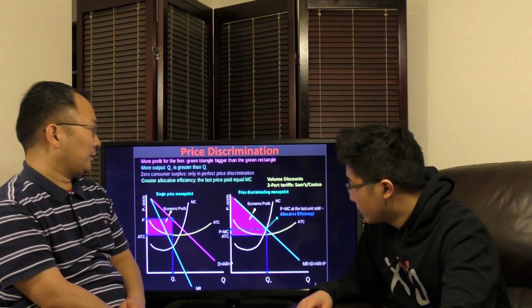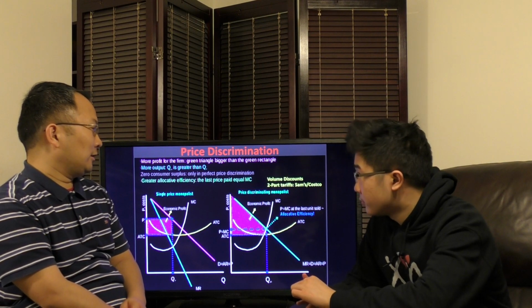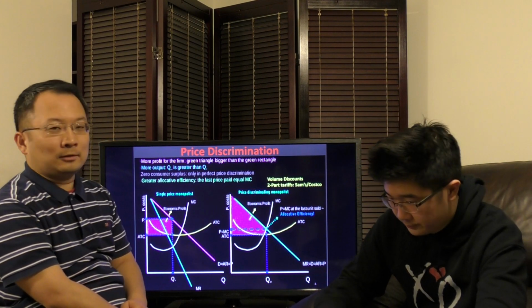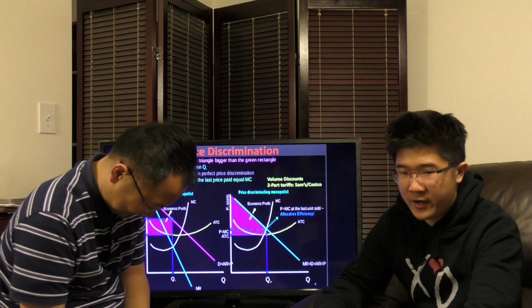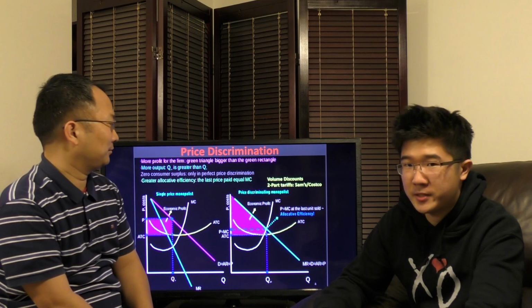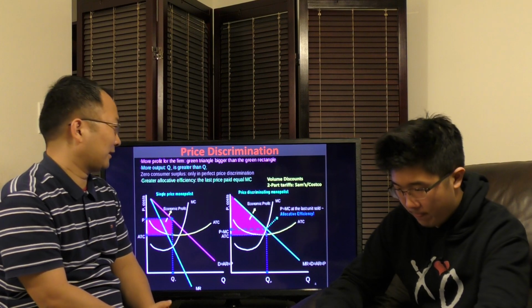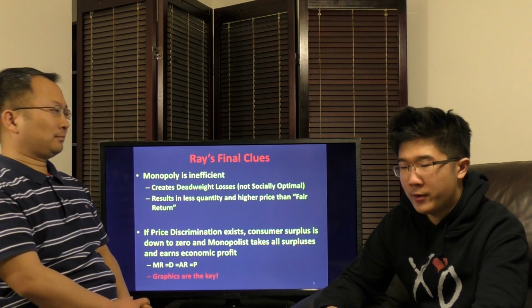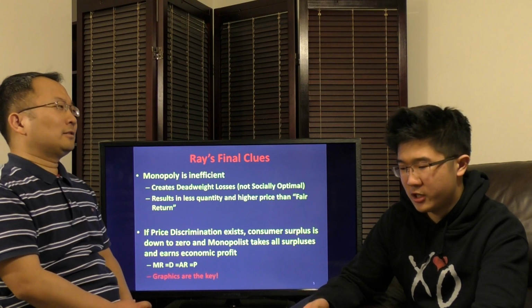There is very little deadweight loss, but the trade-off is that the monopolist takes virtually all the surplus. Instead of some consumers having consumer surplus, every consumer now pays the highest level they are willing to pay. And that's only for a monopoly that price discriminates perfectly, or has perfect price discrimination.